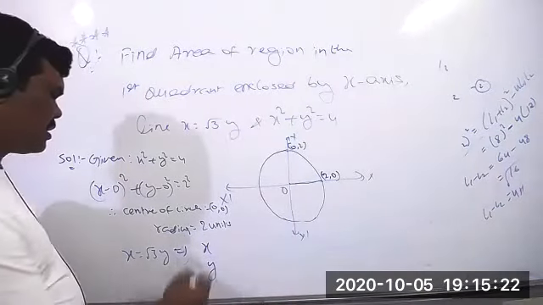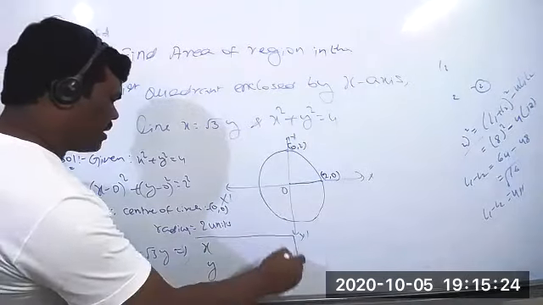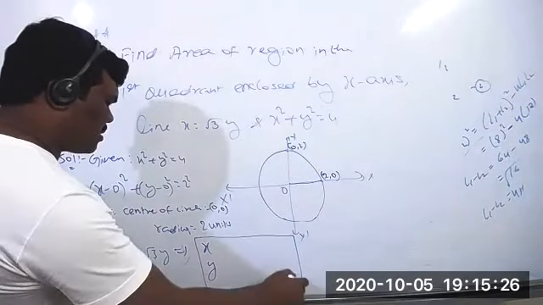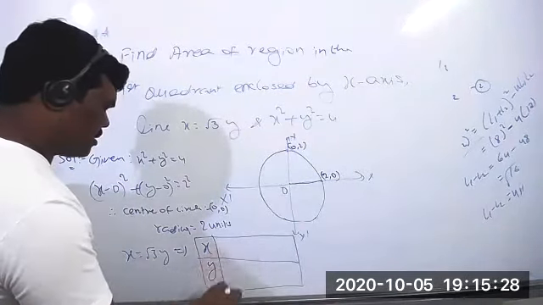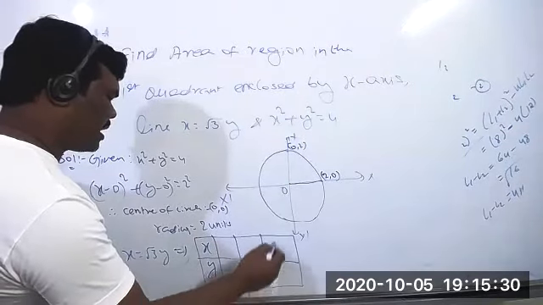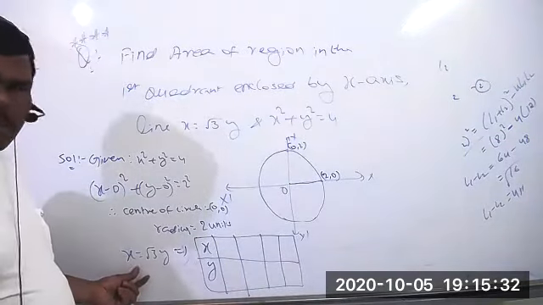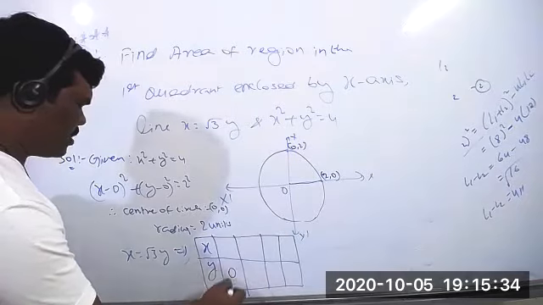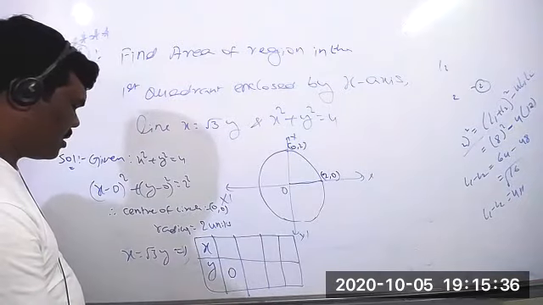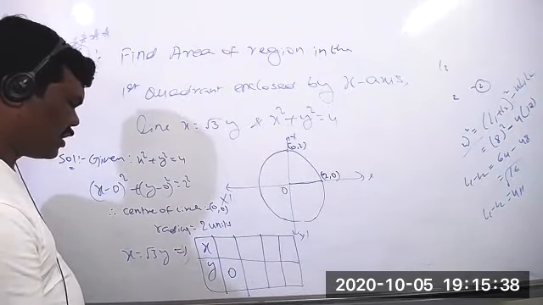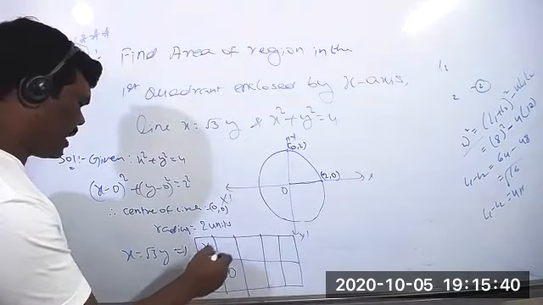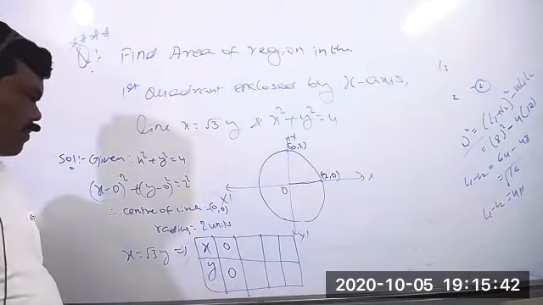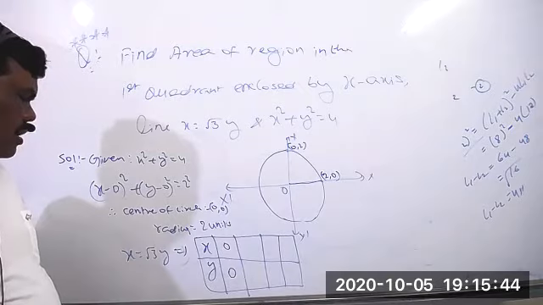In this case we have to find the points, so first we take values of y, because x value we are finding. Suppose you take 0, then x is also 0 only.